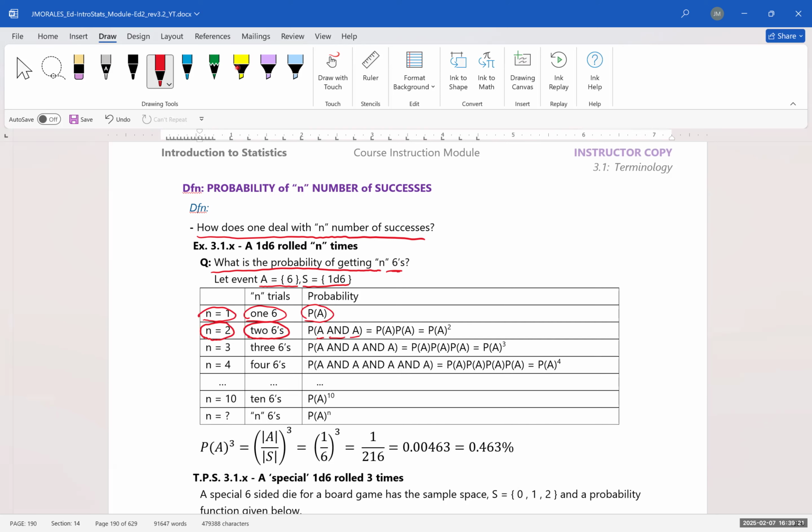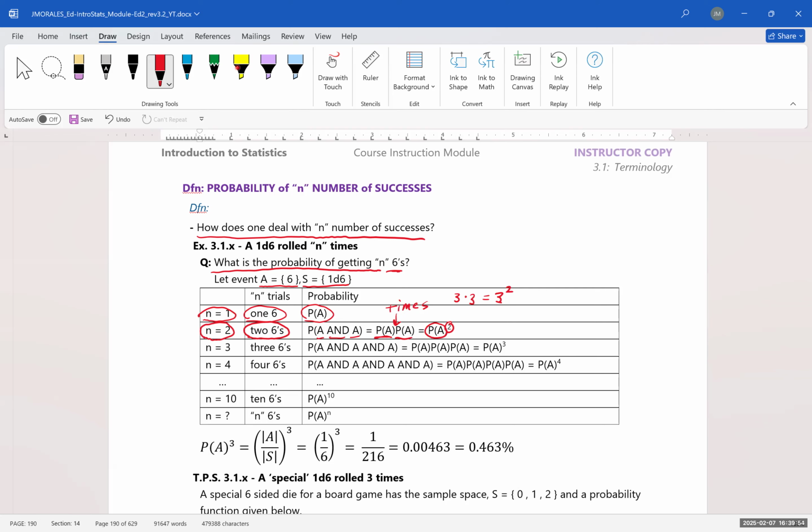That would be the probability of one six times the probability of getting a second six. And anytime you've got two things being multiplied, that's equal to that number raised to a power. So we can take the probability of A times the probability of A and write that as the probability of A squared.